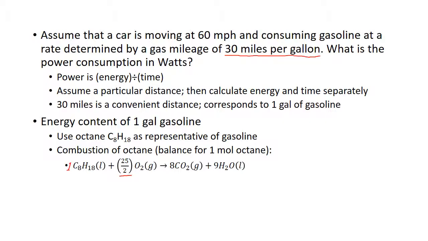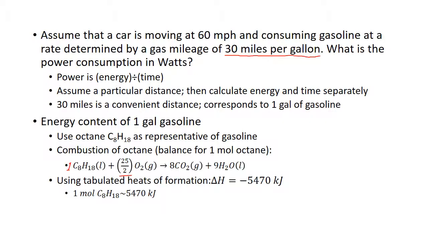And then the delta H for this reaction is called the heat of combustion of octane. If we balance it with 2, it's easy to make a mistake and forget that the delta H actually corresponds to 2 moles of that substance instead of 1 mole. I won't demonstrate this here, but I did it before.